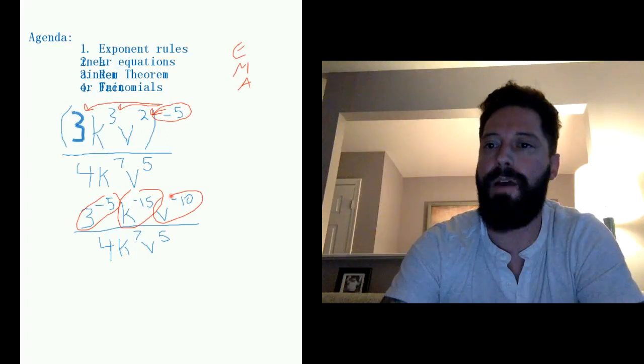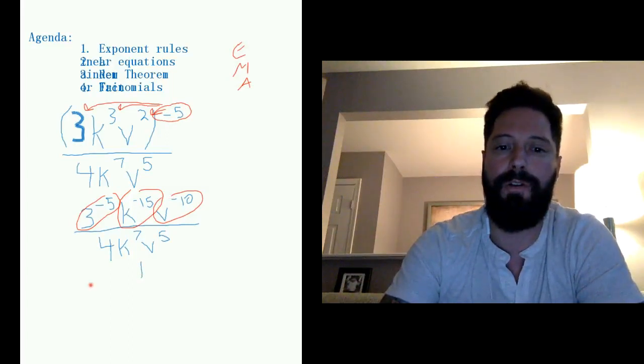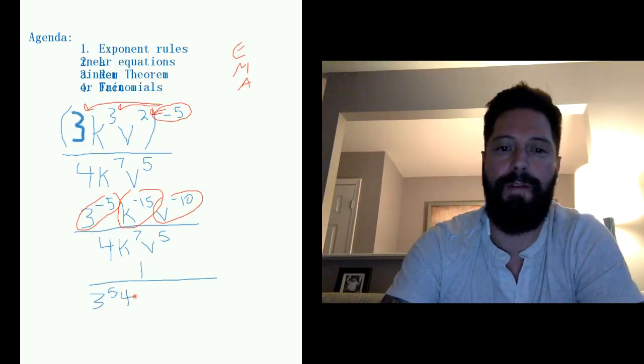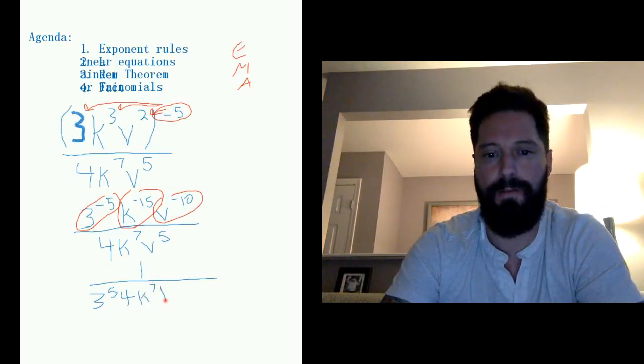That leaves us with 1 over 3 to the 5 times 4, k^7, k^15, v^5, and v^10.